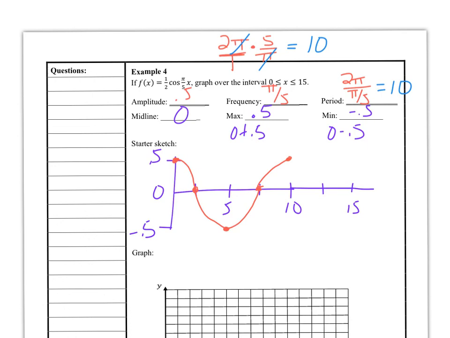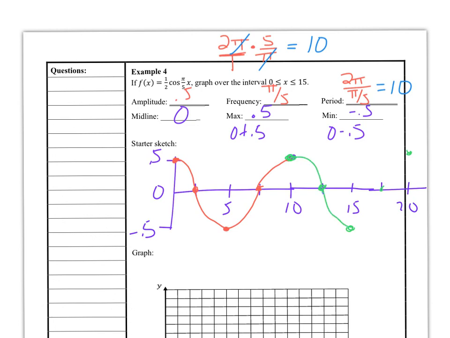Now some people don't like to just add half a curve. They like to graph in whole curves. So I'm going to graph the whole curve, but if you can see that half a curve, you go right ahead and graph it. A whole curve would start here, and then I would go tick mark and then over to 20 right here, and they would just graph a whole other curve. So beginning, end, middle, and then it just follows that same pattern.